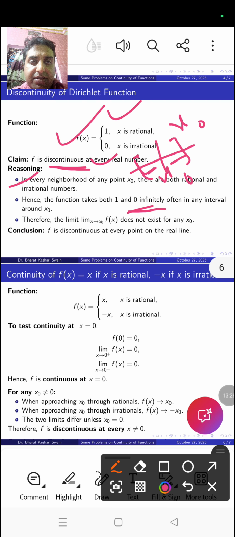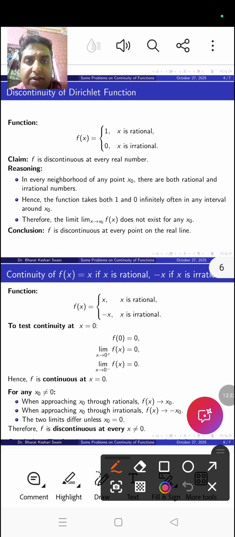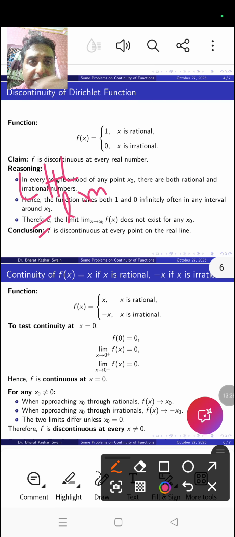Understood? Or otherwise you can also write like this: your left hand limit, LHL, will be equal to limit, because you have to check at 0 or at any point, suppose any real number, suppose it is 0, x tends to 0.